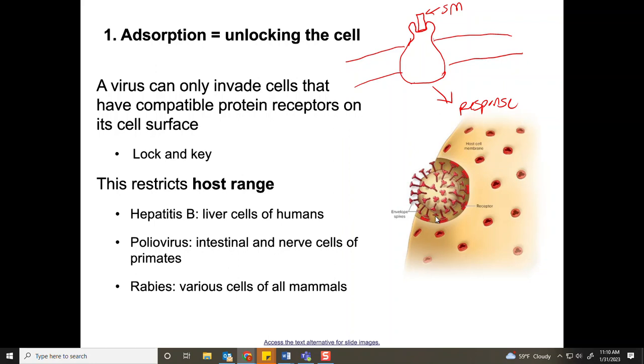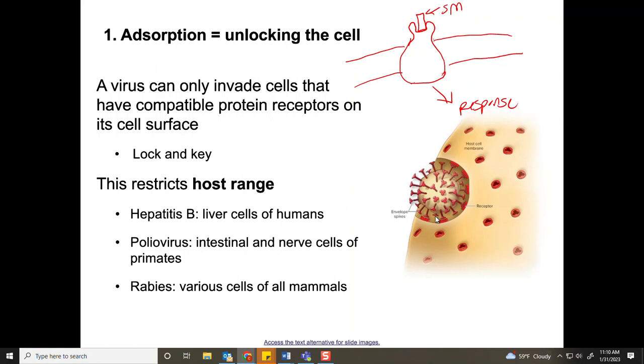Our proteins that are embedded into our various tissues as humans or as animals are going to be different than those that are in plants and other groups of organisms. And so why that's relevant here is because it restricts what we call host range. So not all viruses can infect anything. They infect specific cells that have certain protein receptors.